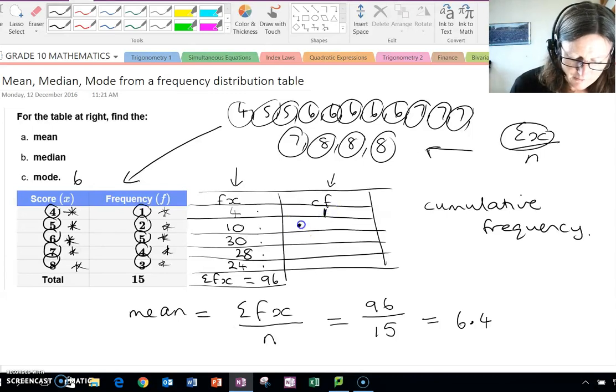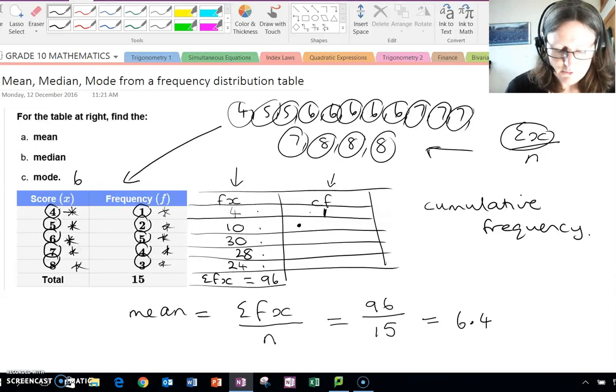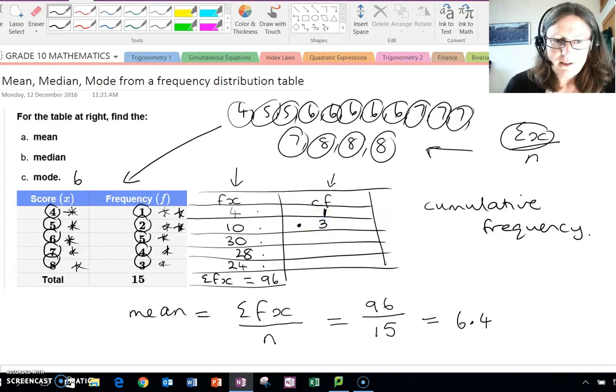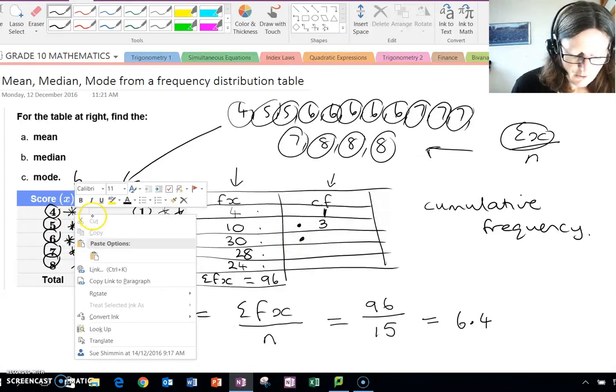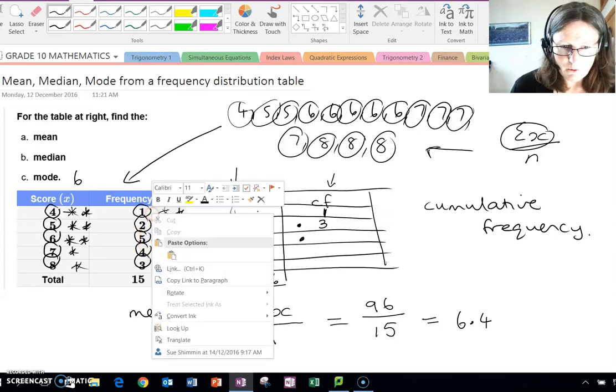The next here, we say, how many scores are there that are either 5 or 4? So here's the scores that are 5. Here's the scores that are 4. So if we add them together, we get 3. Next, how many scores are there that are either 6, 5 or 4? So we add up 5, 2 and 1, which is 8.